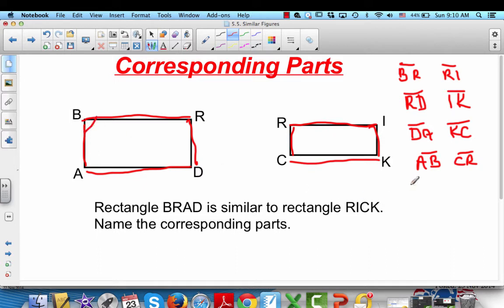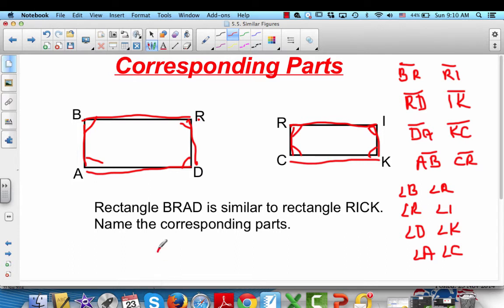So angle B, that's how you write angle B, corresponds to angle R. Angle R corresponds to angle I. Angle D corresponds to angle K. And finally, angle A corresponds to angle C. So, in two rectangles, there are 8 corresponding parts.